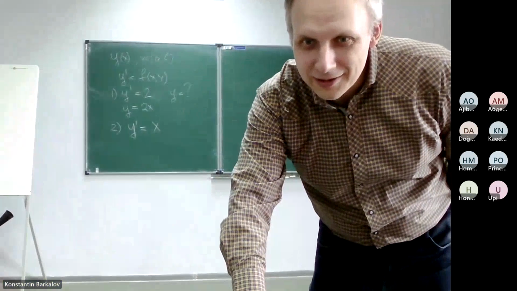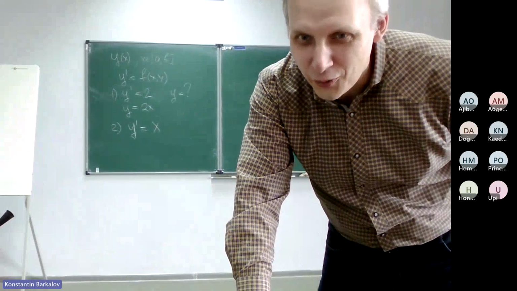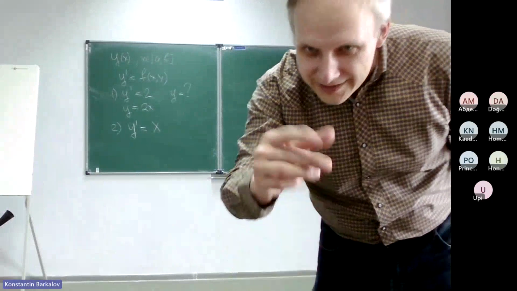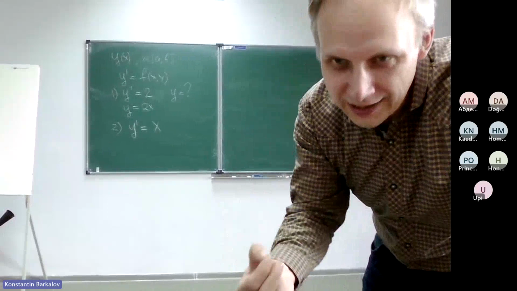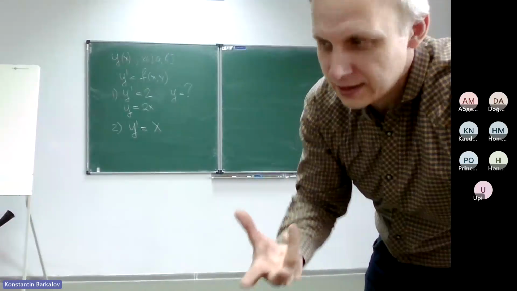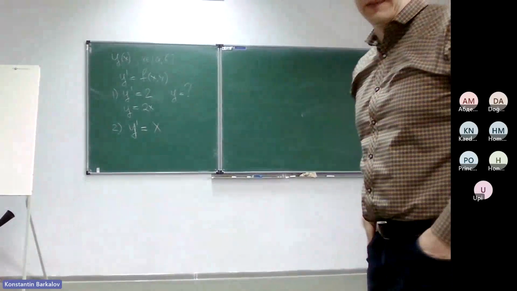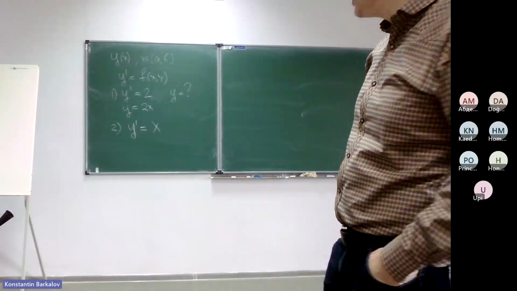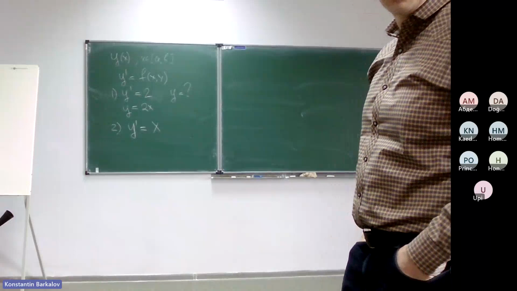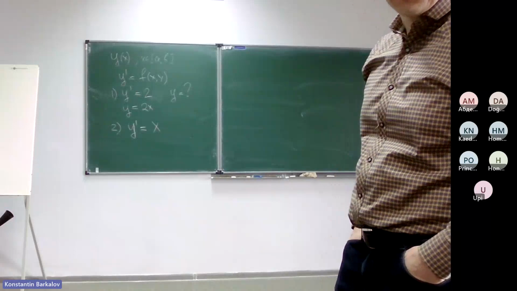Well, x equals 1? No. The second answer is correct. X is a parameter. X is the argument of the function. But the unknown here is y, a function.